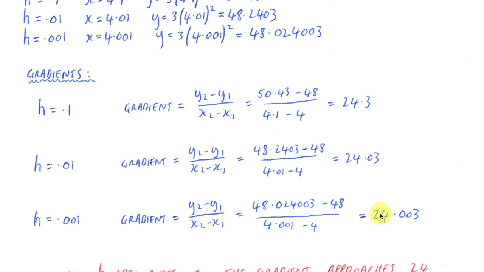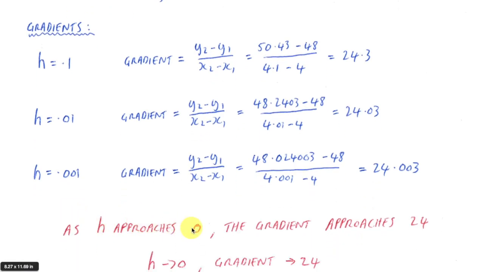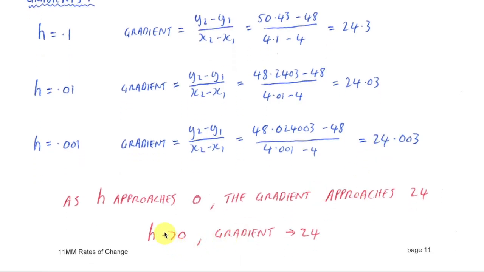So I can say that the approximation for the instantaneous rate of change using the technique that I've described, where the horizontal distance between the 2 points is 0.001, gives me 24.003. So what we're seeing here, guys, is that as the horizontal distance becomes smaller and smaller, so as h approaches 0, the gradient is getting closer and closer to 24. And I write that like so.